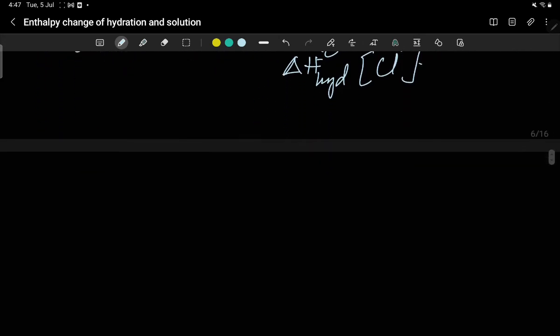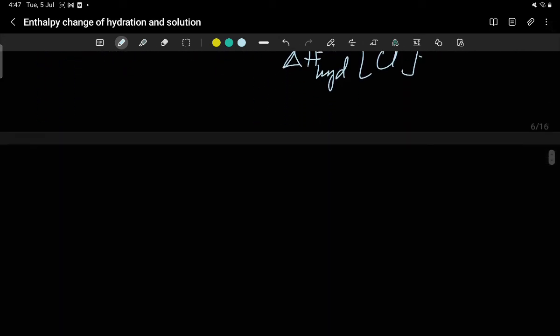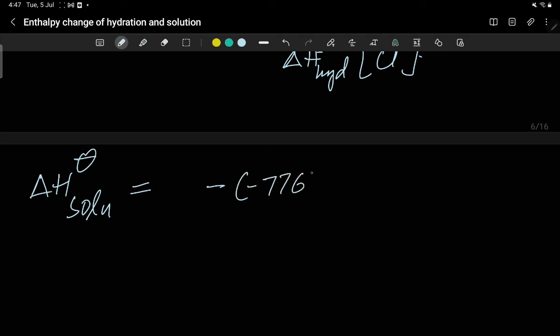So by using the data booklet, we know the values. Delta H solution is equal to, this is delta H lattice energy of sodium chloride when it is formed from sodium gaseous and chloride gaseous ions, and this is delta H hydration of sodium ion and this is delta H hydration of chloride ion.